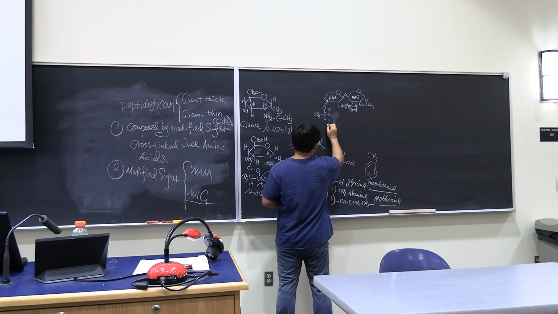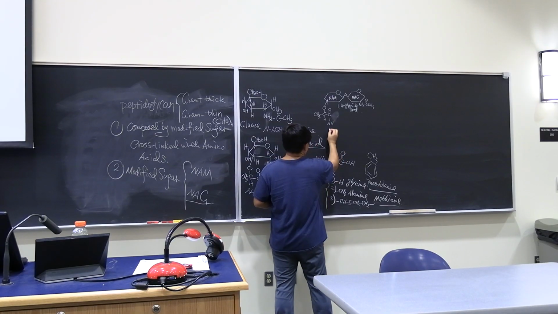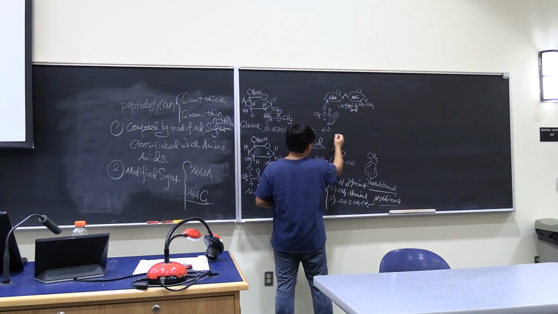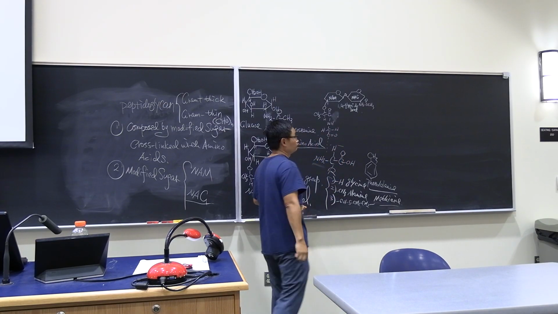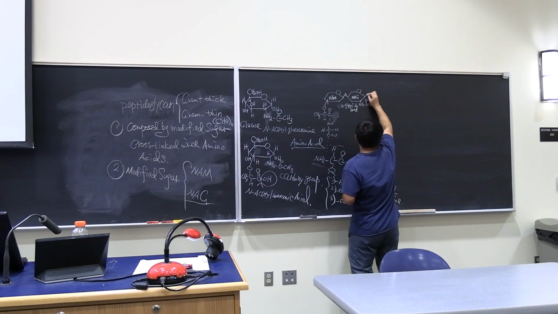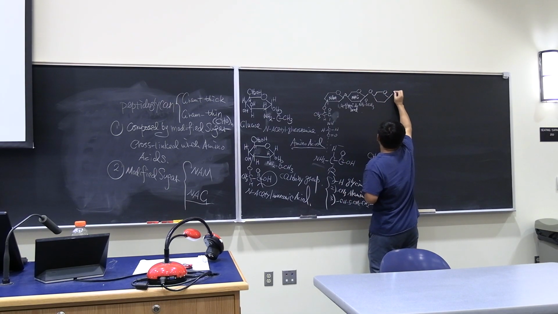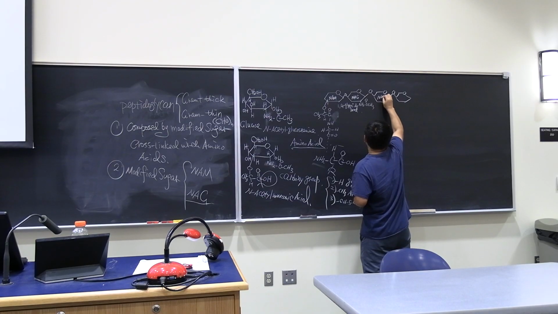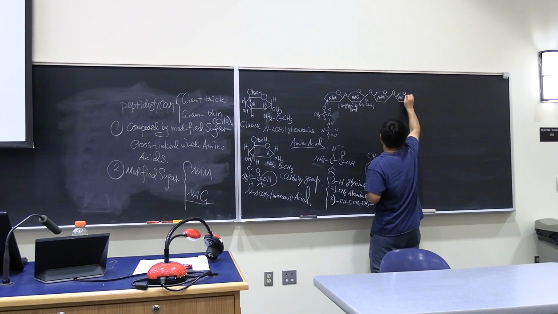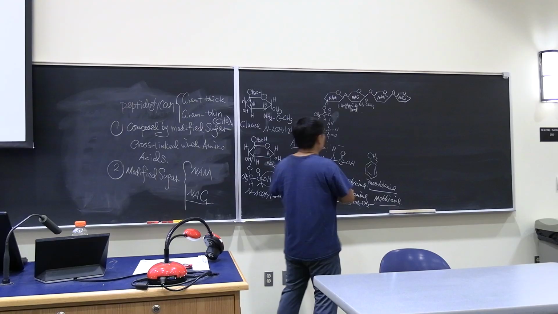When you go down here, you become NH, then H, then C comes here. Then you could grab another one, and another one, and it becomes longer and longer, NAM and NAG.